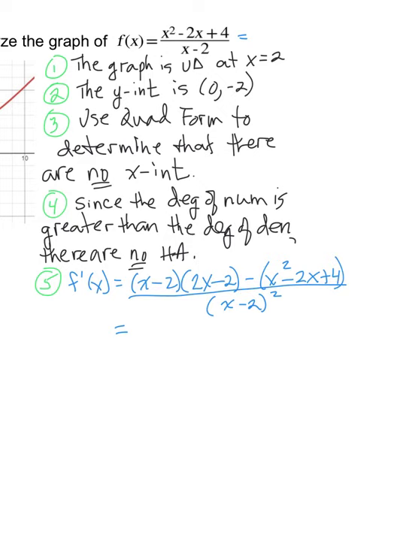If you do that, you will find, quite simply, that you have x times x minus 4 all divided by x minus 2 squared. Now, as I'm looking at your homework, when you do the homework on this section, if you skip your steps in finding your first and second derivative, I'll know that you're just copying off the homework, and I will dock you for not showing enough work. So I'm purposely skipping these to save time on the video.